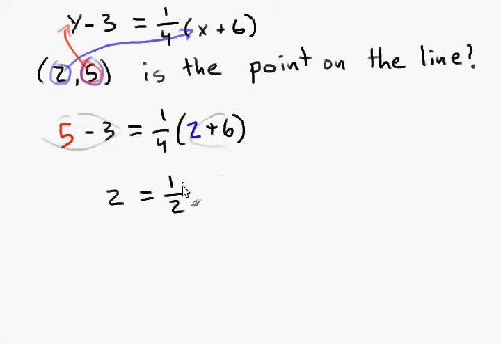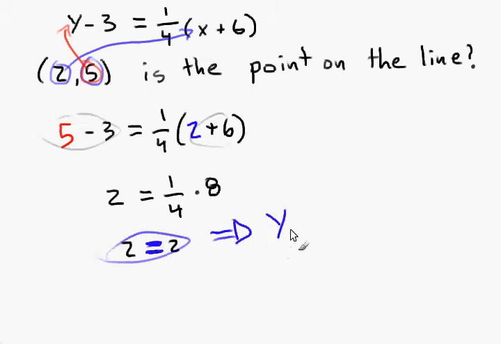Now we'll simplify here. 2 plus 6 is 8. Oops. Error there. That's not 1/2. This should be 1/4. 1/4 times 8. 8 divided by 4 is 2. So these guys do agree. They're equal. We conclude that the point lies on the line.